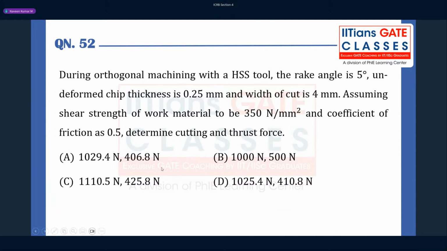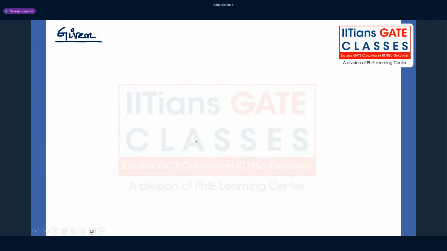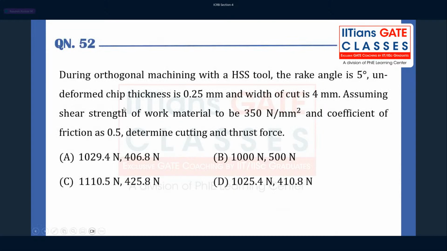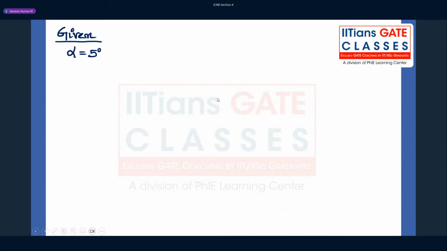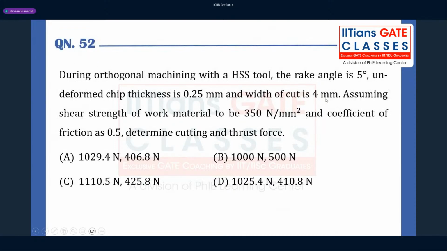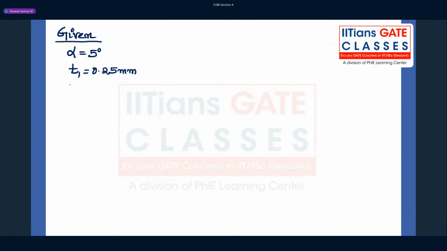Rake angle is denoted by alpha, that is 5 degrees. Undeformed chip thickness is the uncut chip thickness, so I can write t1 or people write tc also. It is 0.25 mm. Next, width of cut is denoted by b, so it is 4 mm.